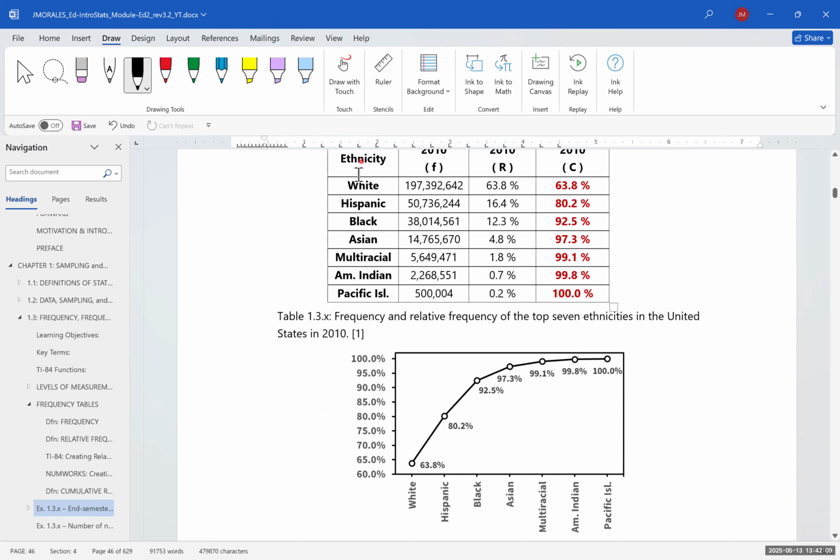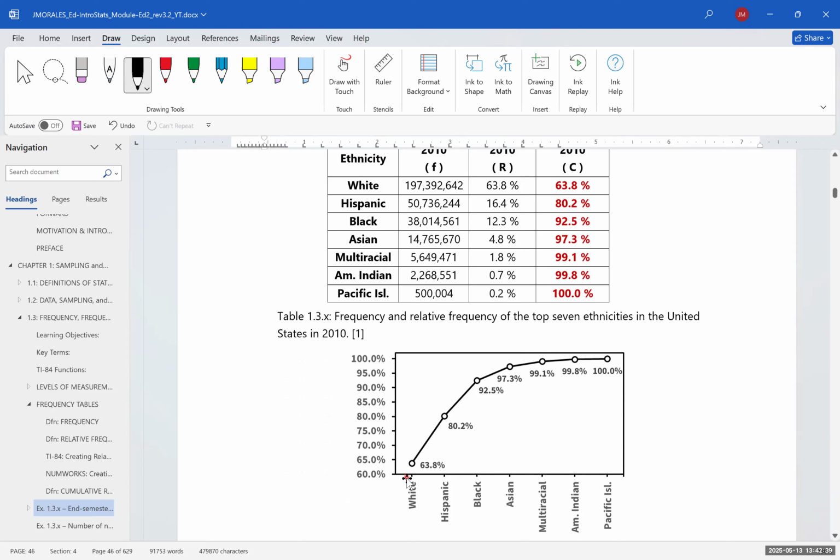You'll notice the ethnicities are white, Hispanic, Black, Asian, multiracial, American Indian, and Pacific Islander, and that same arrangement from top to bottom is the same from left to right.